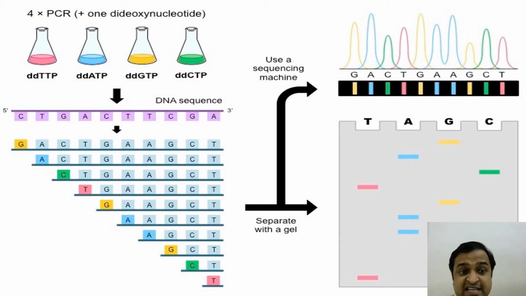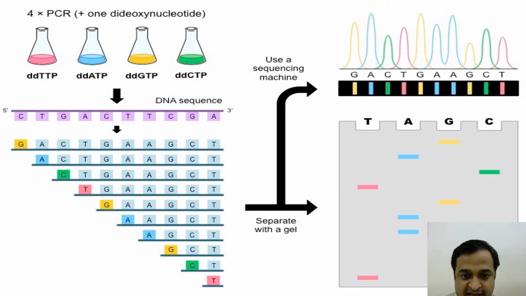So what happens inside each one of them? Say, for example, we have a DNA stretch here which runs from the 5' to the 3' direction. The DNA which is going to grow will always grow in a particular polarity, from the 5' to the 3' direction. It needs the 3' hydroxyl group in order to extend its polynucleotide chain.